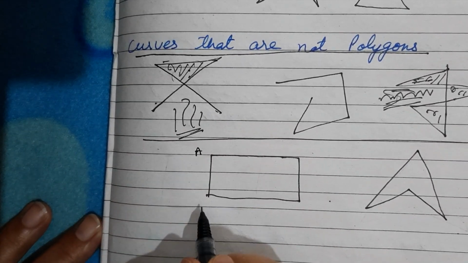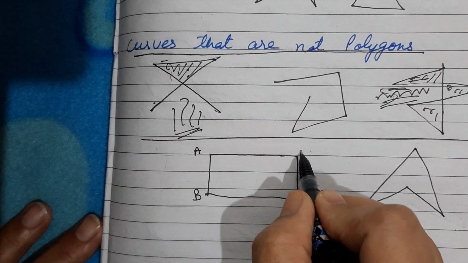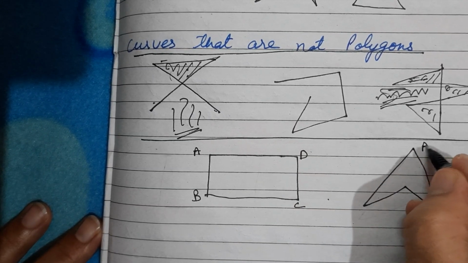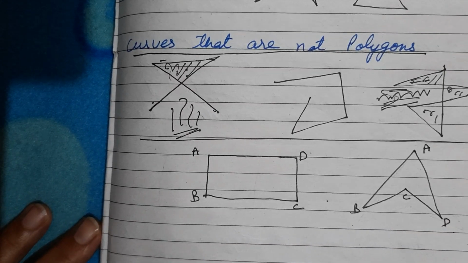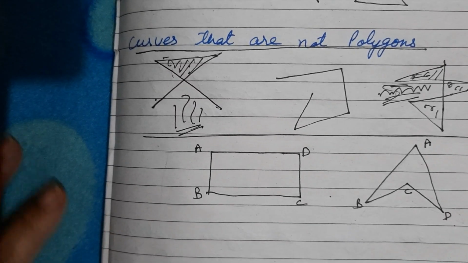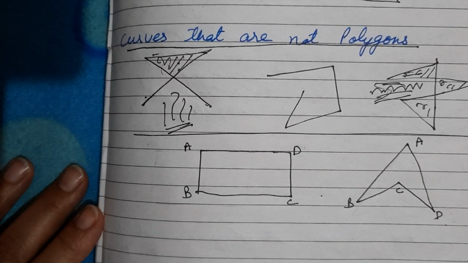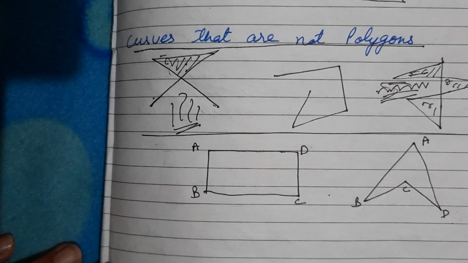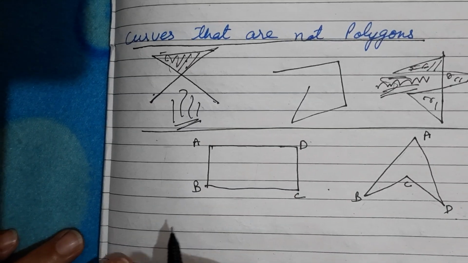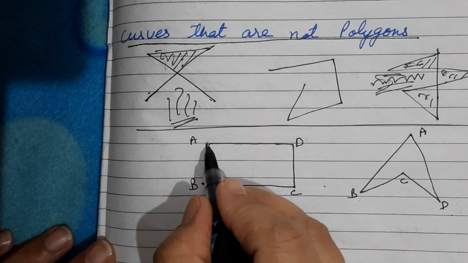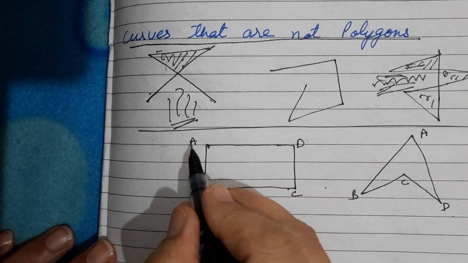Let us name them A, B, C, D. Here also I will name the same A, B, C and D. Both are polygons made up of line segments and closed. The figure is made up of 4 line segments. What are the names of these? Like AB, BC, CD and AD.